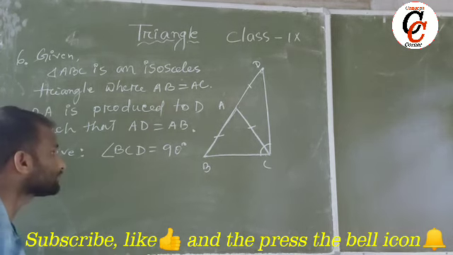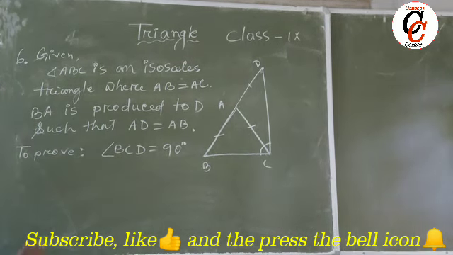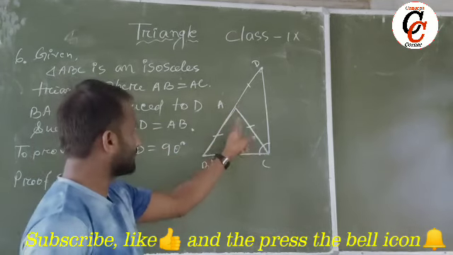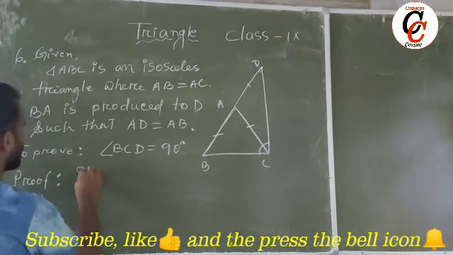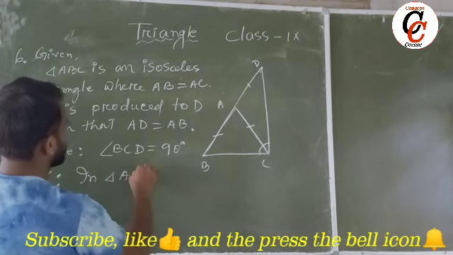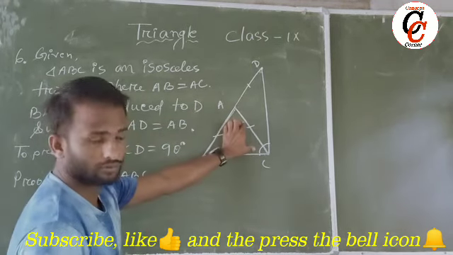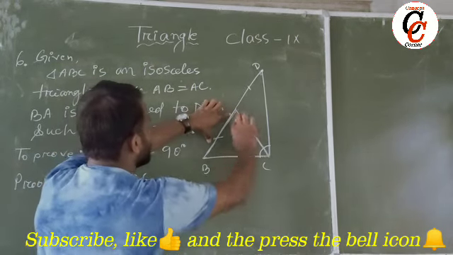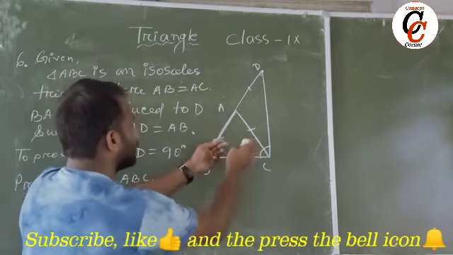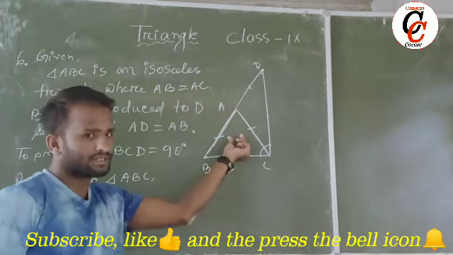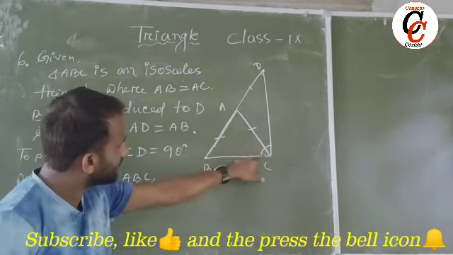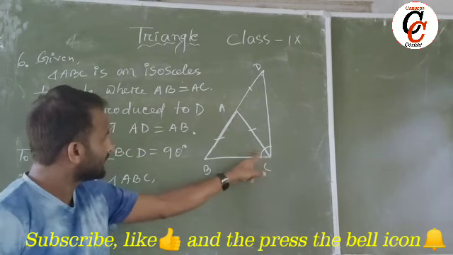So for that, first of all, take this triangle ABC. In triangle ABC, we have AB equal to AC. Therefore, since AB is equal to AC, their opposite angles are equal. We know that angles opposite to equal sides are equal. The opposite angle of AB is ACB, and the opposite angle of AC is ABC.